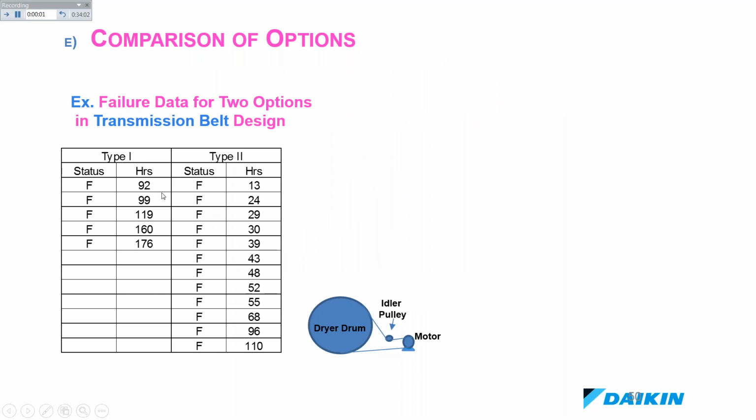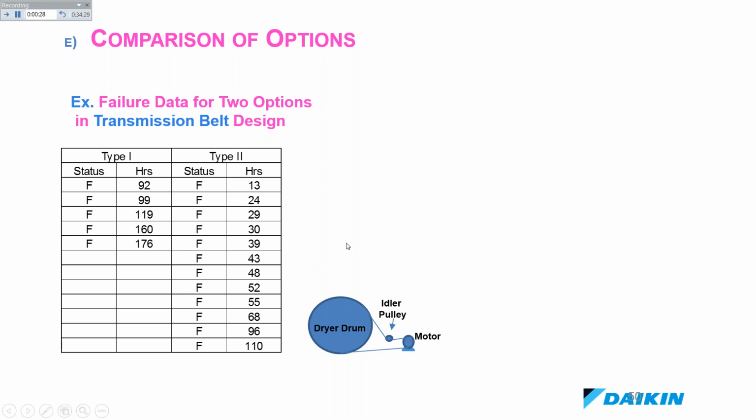Here is an example. I have a belt that goes across the dryer system, the clothes dryer. There's a motor, and we have an idler pulley right here, which creates certain reverse bending, and that's the failure mode.